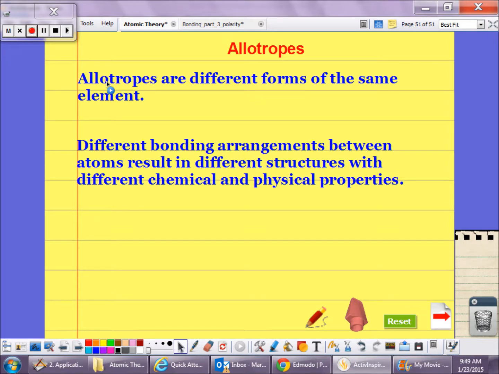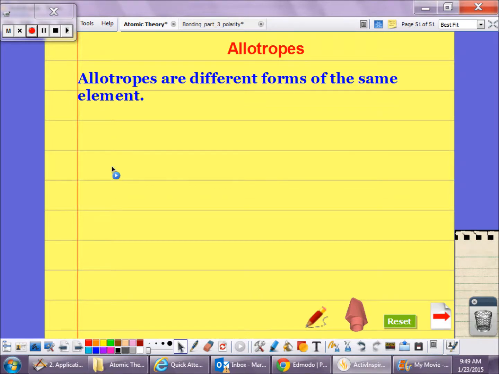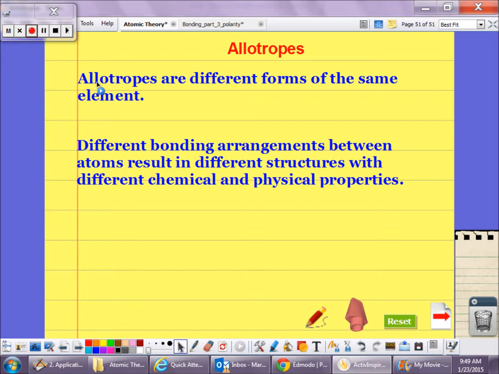It's like graphite and diamond. They are allotropes: same element, same state, but different properties, different arrangement. For example, oxygen and ozone: same state, same element, different structures, different properties.